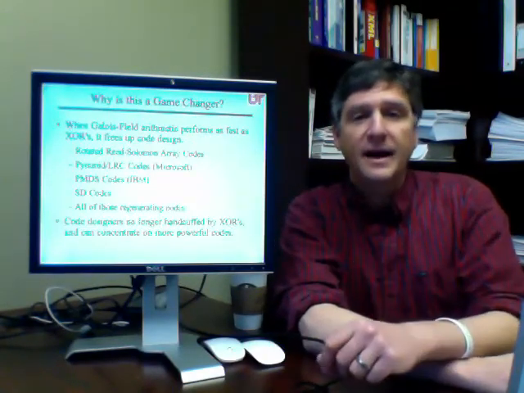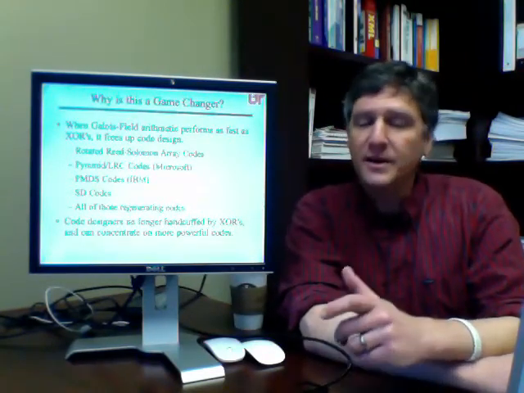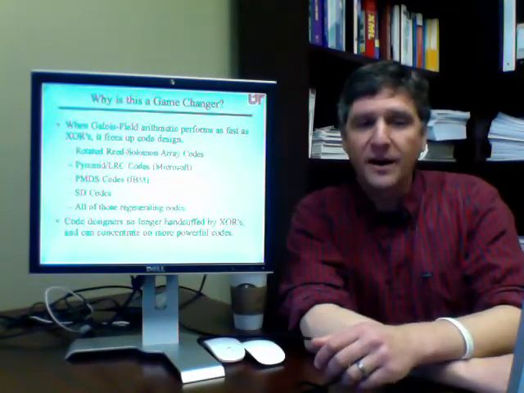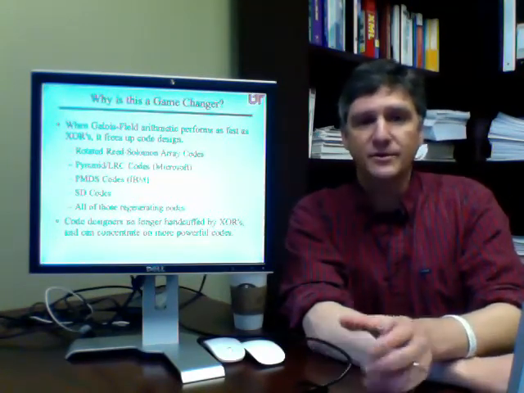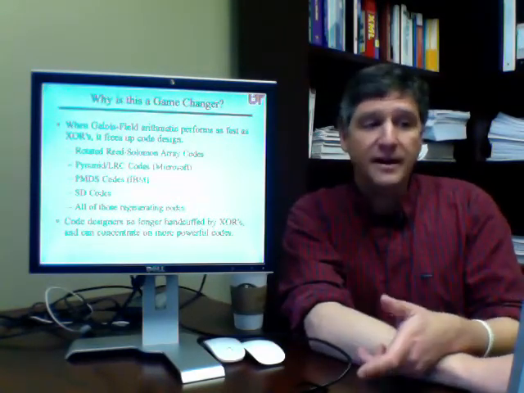That's out. Now, I call this a game changer because of the factor of improvement. When you can do Galois field arithmetic as fast as you can do an exclusive OR, all of a sudden you're no longer restricted to XOR-based codes, and your code design becomes so that you can worry about other properties.